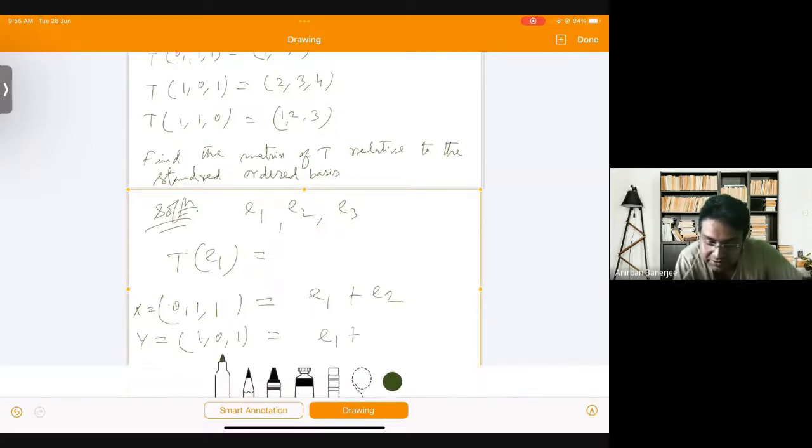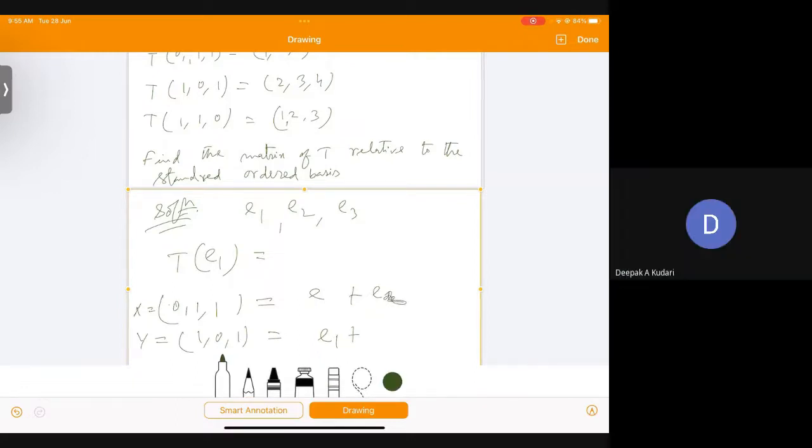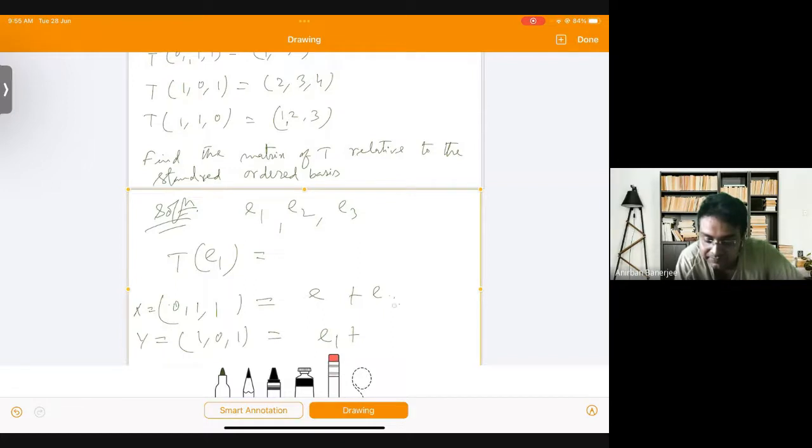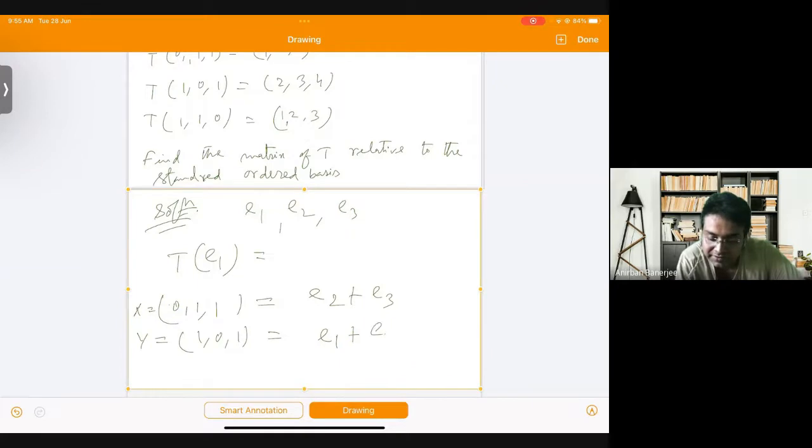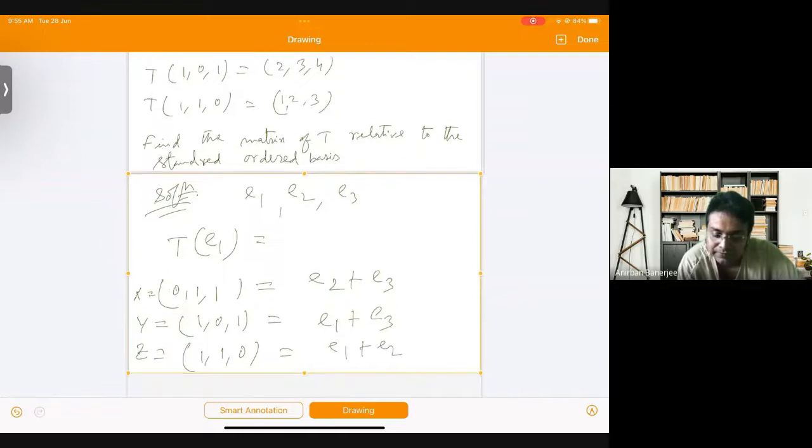The first one is not E1 plus E2. This will be E2 plus E3. Then the second one, Y equals 1, 0, 1, is E1 plus E3. And let's say Z equals 1, 1, 0, and that will be E1 plus E2.